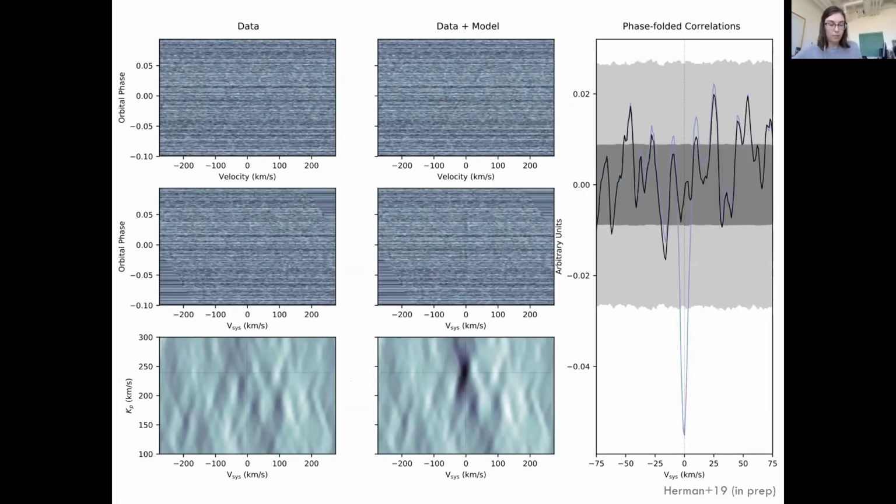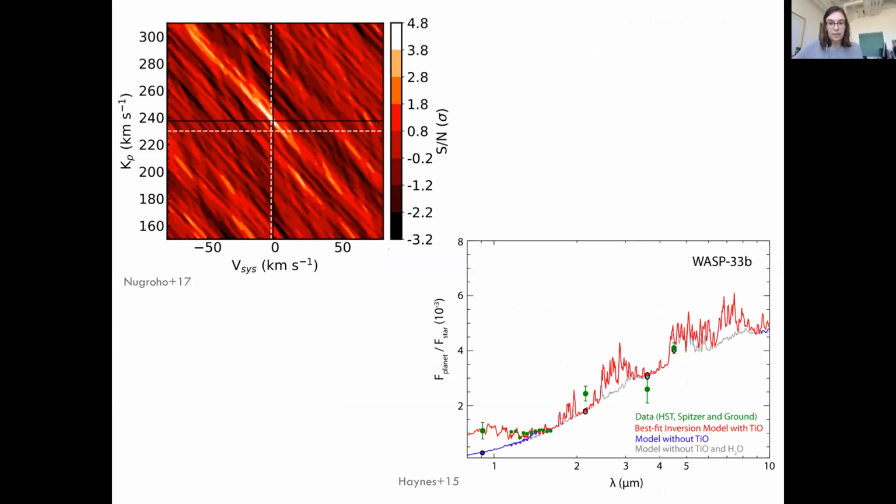This is the same plot, but for our transmission data, so taken during transit. And again, we see no signal from just the data alone, which is kind of disappointing. But this is also kind of weird because titanium oxide has previously been discovered in the atmosphere of this planet, in this case by Nugroho et al. 2017.